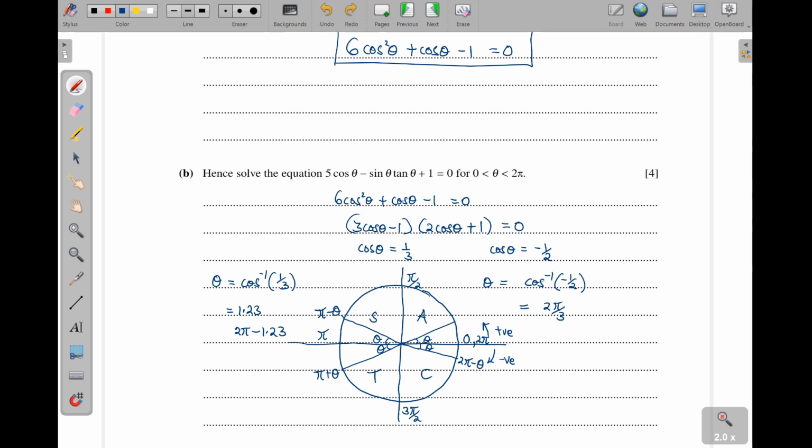And then to get the other angle, where cosine is negative, it is here. So that will be, when you take this negative here and the calculator gives you this value, just subtract that from 360. So 2 pi minus that 2 pi over 3.